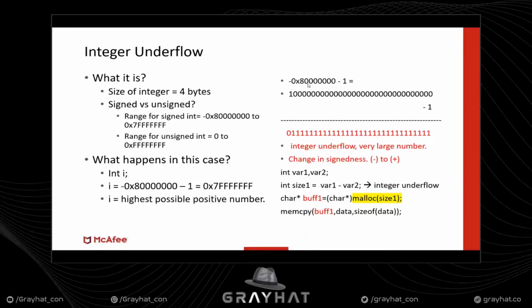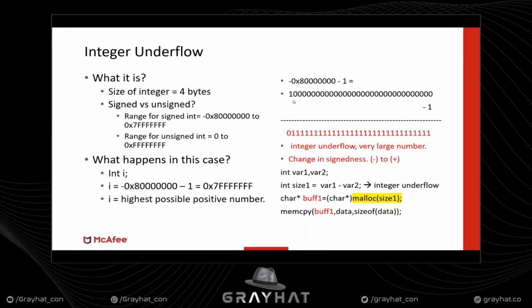When you convert 80000000 to binary, it will become something like that, where the most significant bit is 1 and the rest of the bits are 0. If you subtract 1 from that, then it will borrow 1 from here and it will come over here, and so the rest of the bits will become 1 over here, but the most significant bit will become 0.